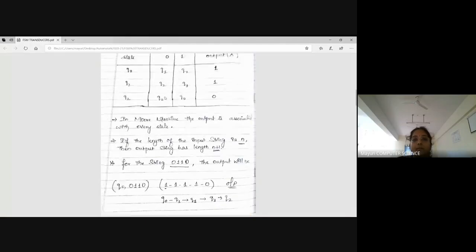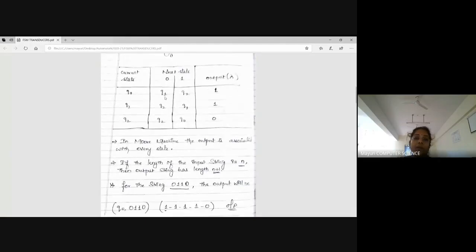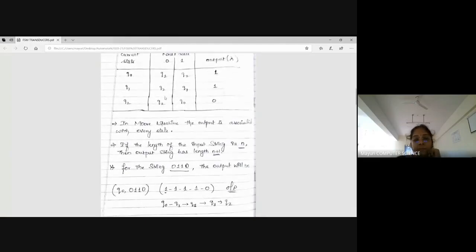Okay, so now let's see how to extend the transition function. An input is given to you, 0 1 1 0. Anyhow, your start state is Q naught. In transducers, we don't say which is the final state.